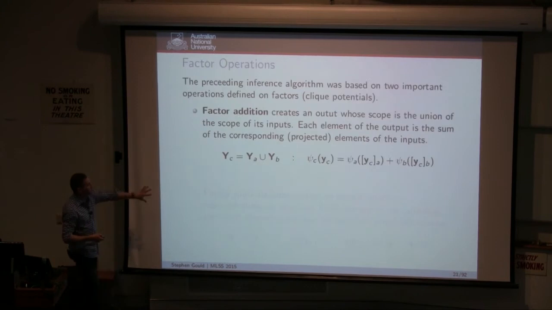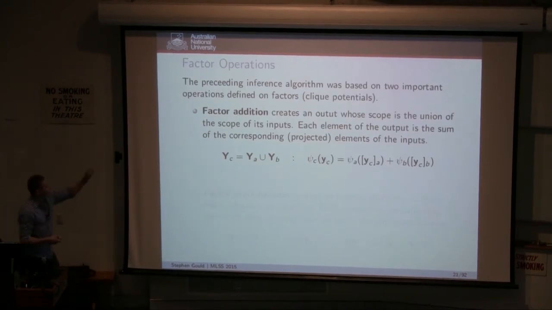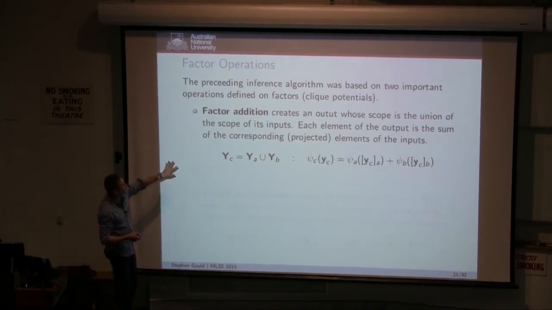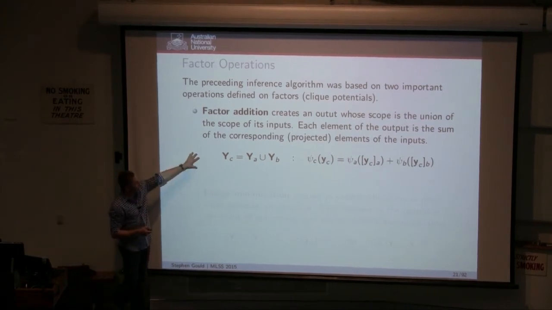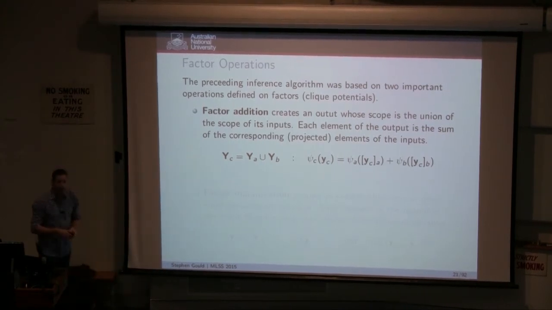That works on chains. What about... Oh, sorry. Before we get into that, let's just look at the two main operations that we have to perform in doing this algorithm. There was an operation of factor addition, where we had to take a factor and a message, which is just another factor, and add them together.